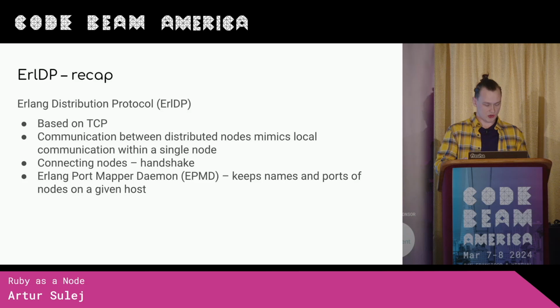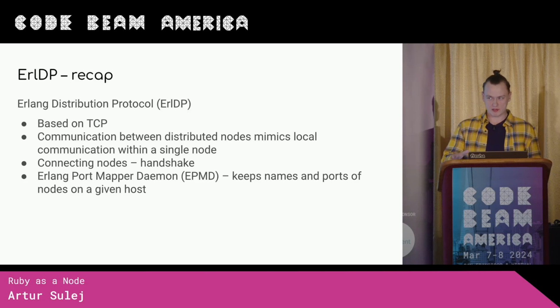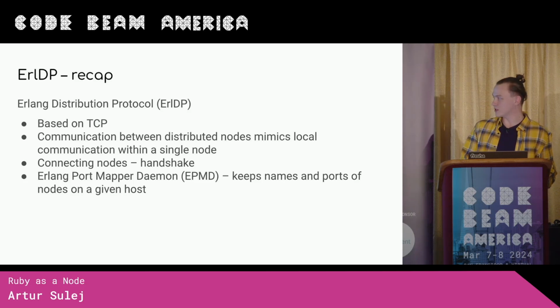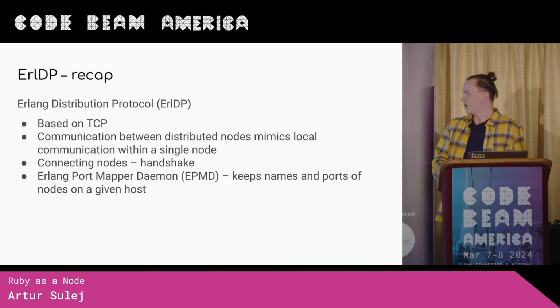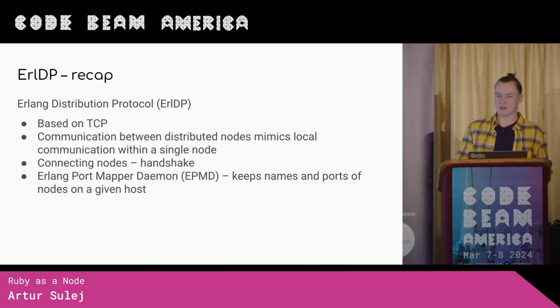The process of connecting the two nodes is called a handshake. And one more element in the whole thing is EPMD, which stands for Erlang Port Mapper Daemon, which keeps names and ports of the nodes, like a mapping from names to ports.